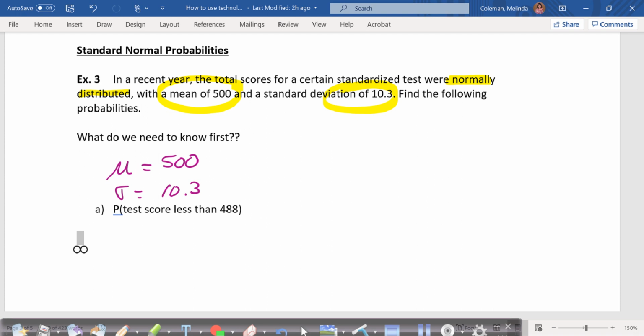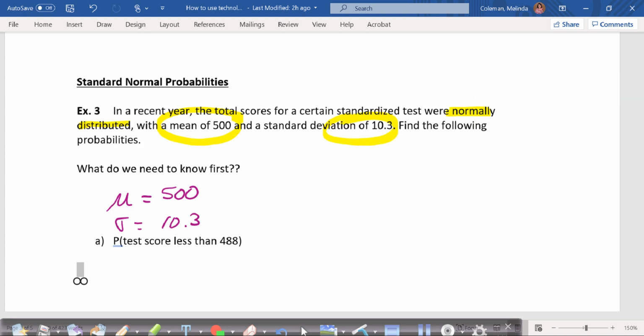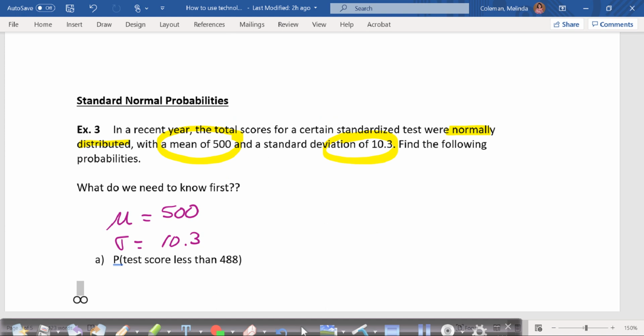The function that I'm going to use this time is no longer binomial because this one is now standard normal. So I'm going to use the function normal. It is a CDF this time because we want it to accumulate. I'm going to get accumulated values.